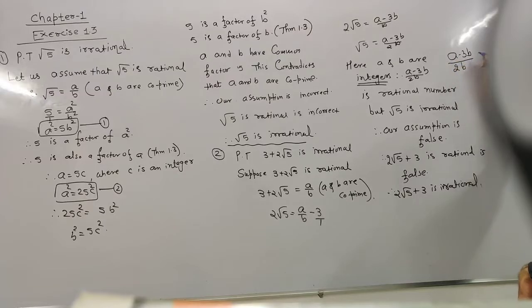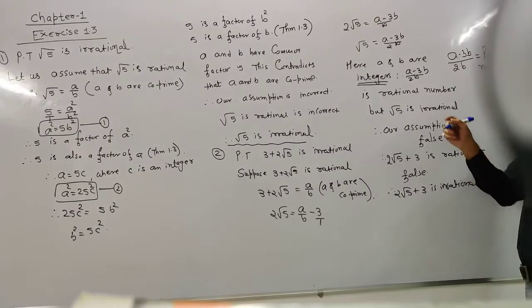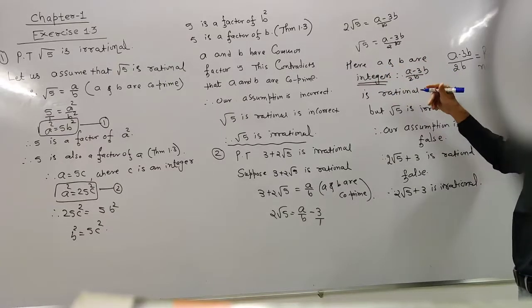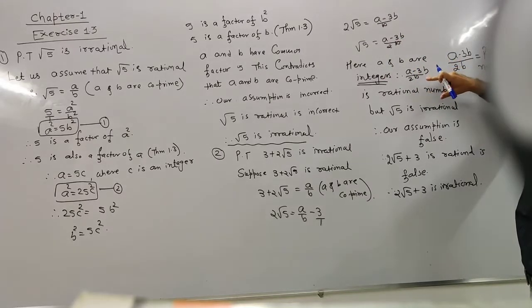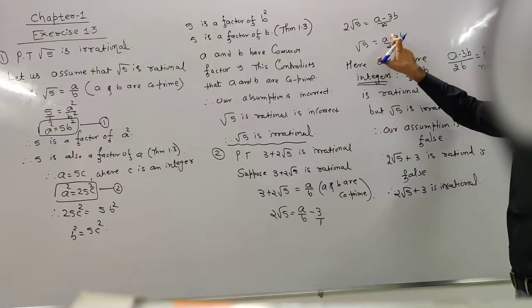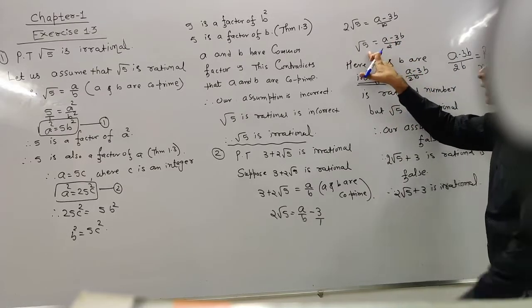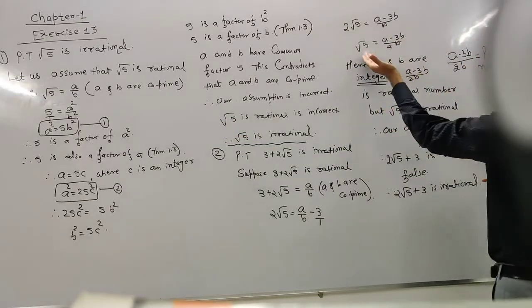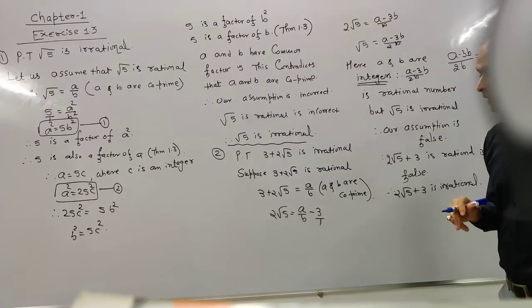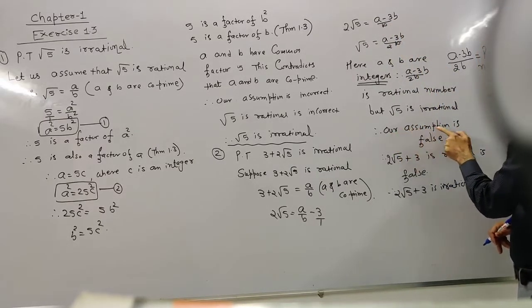So (a minus 3b) upon 2b is nothing but a rational number, because integer upon integer is a rational number. But we concluded in the first example that root 5 is an irrational number. So an irrational number is equal to a rational number, which is not true, and that's why our assumption is false.